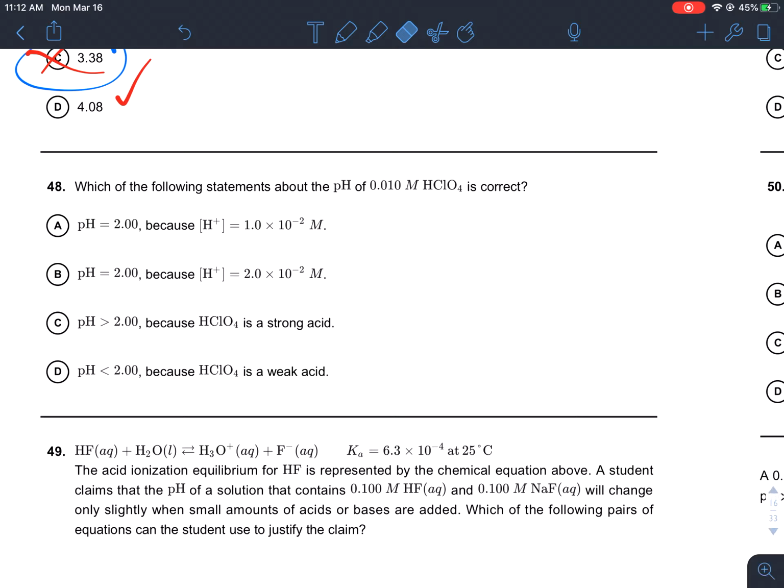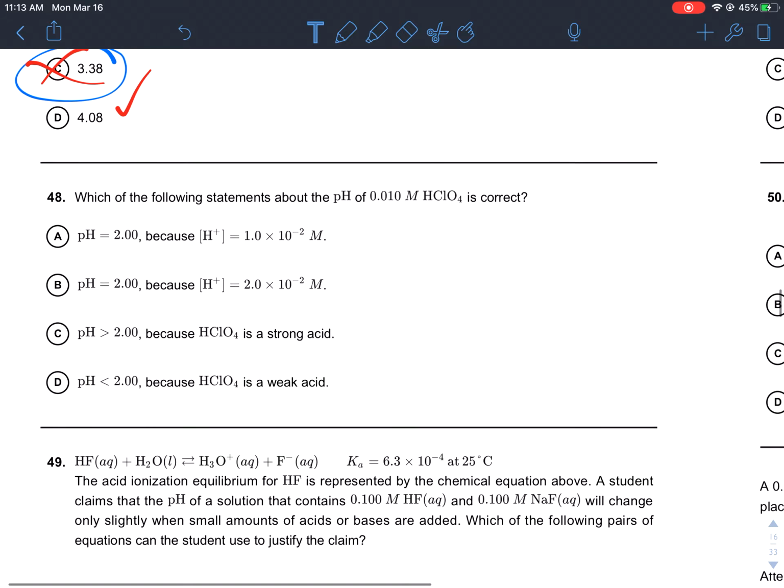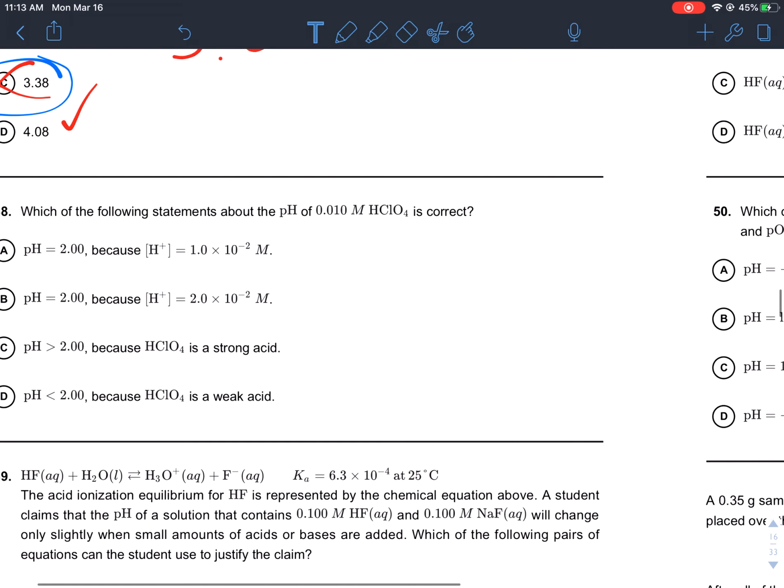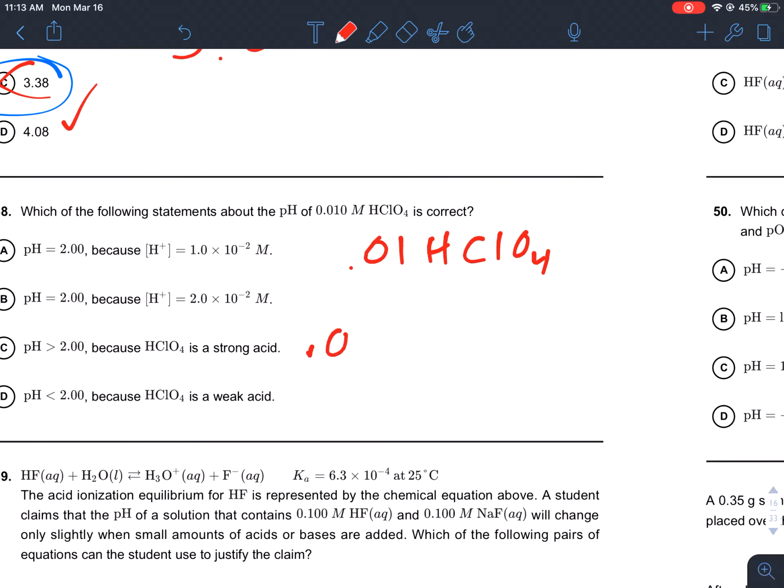Wrong way, sorry. Your pH is, okay, if you have 0.01 HClO4, that means you have 0.01 H plus, and you have 0.01 ClO4 minus. Okay, this right here is huge because it's the same number because this is a strong acid.